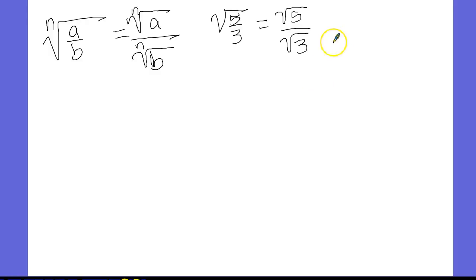Let's do another one next to that. What if I had the square root of 10 over the square root of 5? So I have them separate. Would it be more efficient to leave them separated and rationalize my denominator, or put them under the same root? Same root, right?